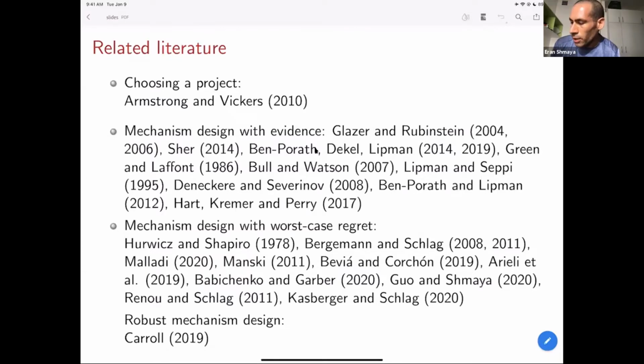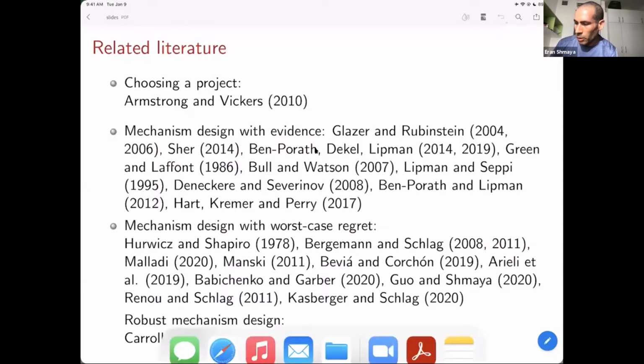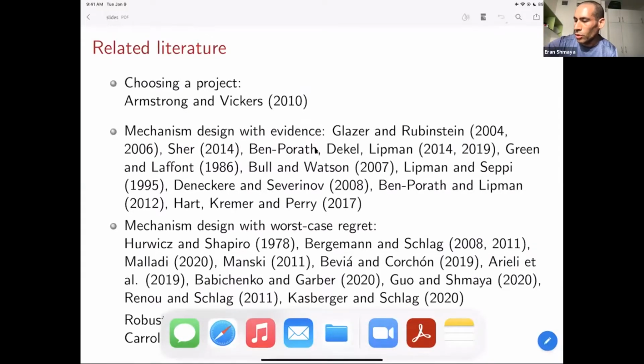In general, there is now some literature about mechanism design with worst case objectives, in particular mechanism design with worst case regret. Apparently the original papers which we found are the paper by Horowitz and Shapiro and the paper by Bergman and Schlager. Okay, so I'm going to describe to you what was the conclusion of Armstrong and Vickers.